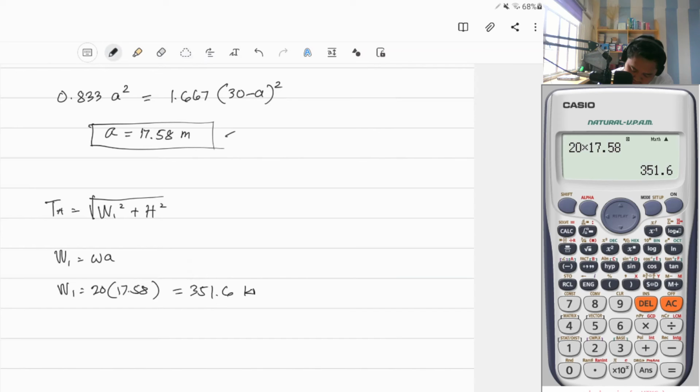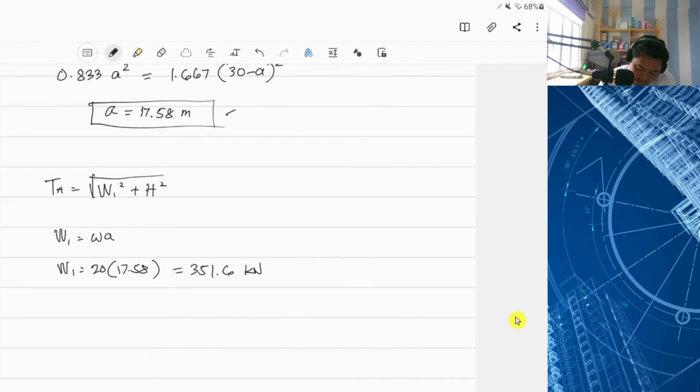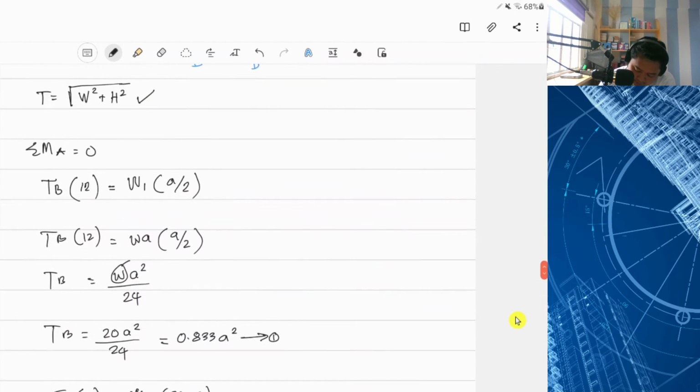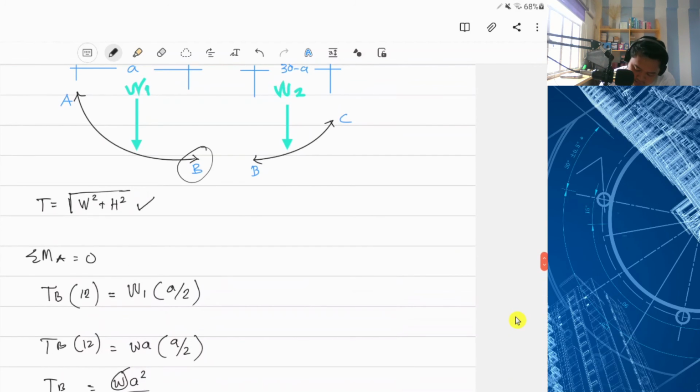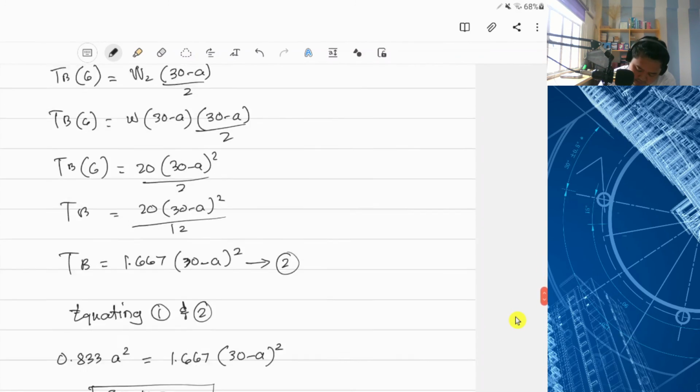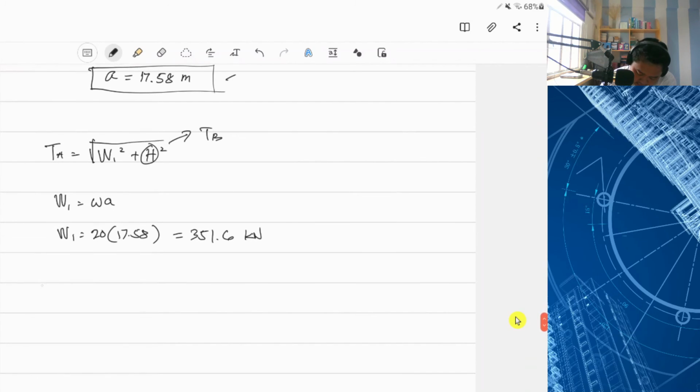The answer is 351.6 kilonewton. By the way, class, this H is just equal to TB. The horizontal distance, this one. This is also H, no? So let's solve first for TB because we have an equation for TB, equation 1. 0.833 times A squared.